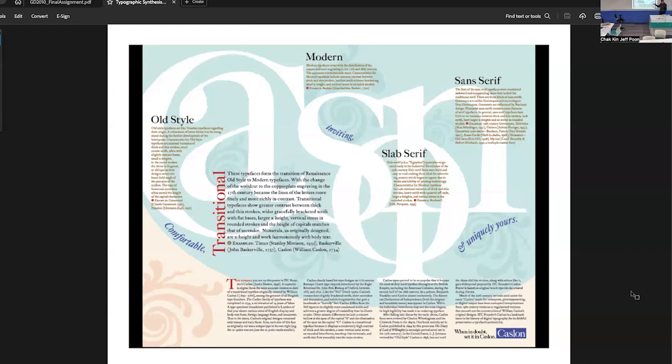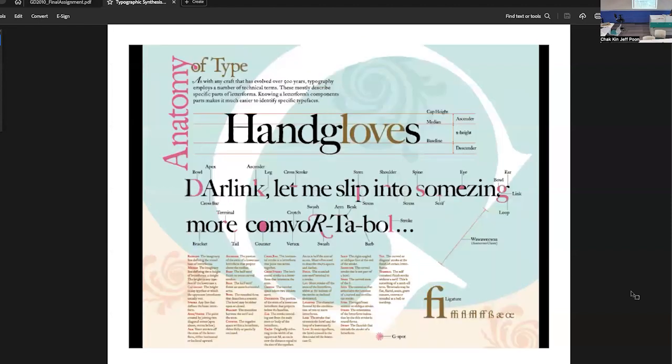It tells you here already. Which one actually got highlighted? Transitional. So Caslon belongs to transitional. So this is the timeline, and this one is an anomaly type.